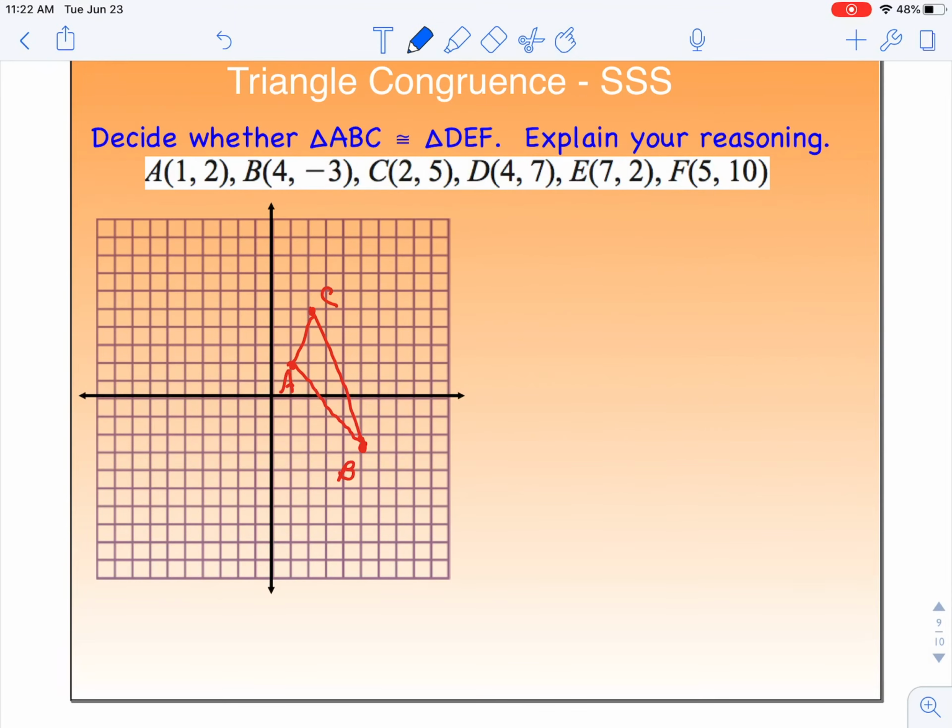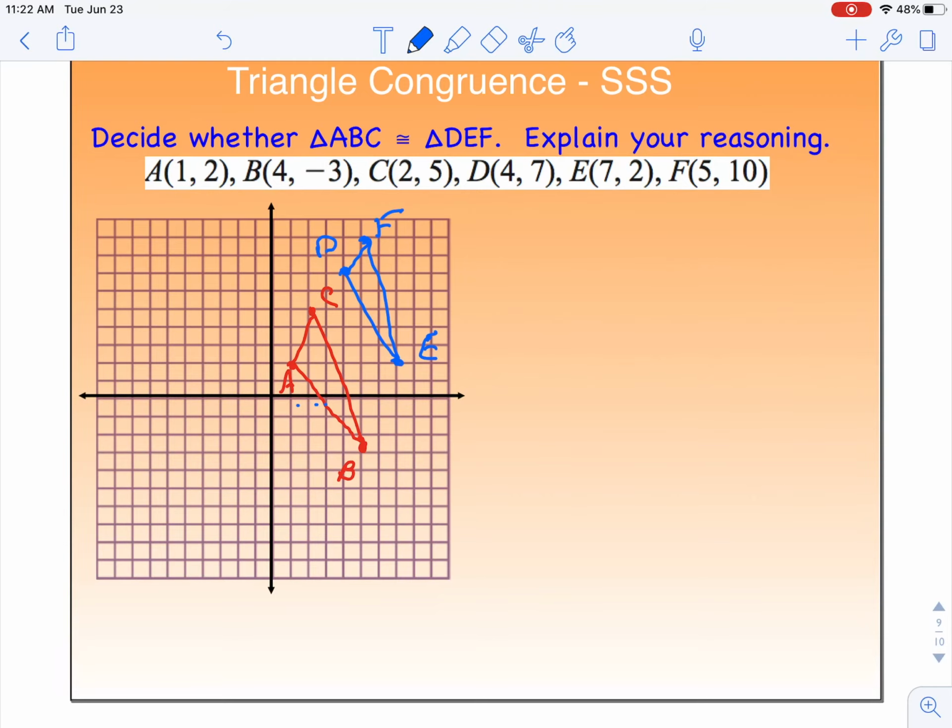So let's plot DEF. D is 4, 7. So here's D. E is 7, 2. And F is 5, 10. So here's our second triangle.